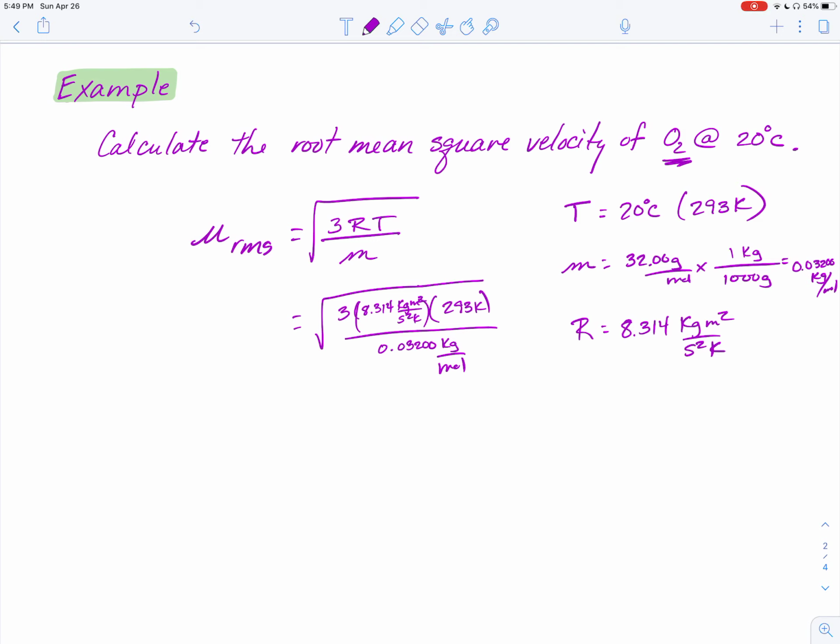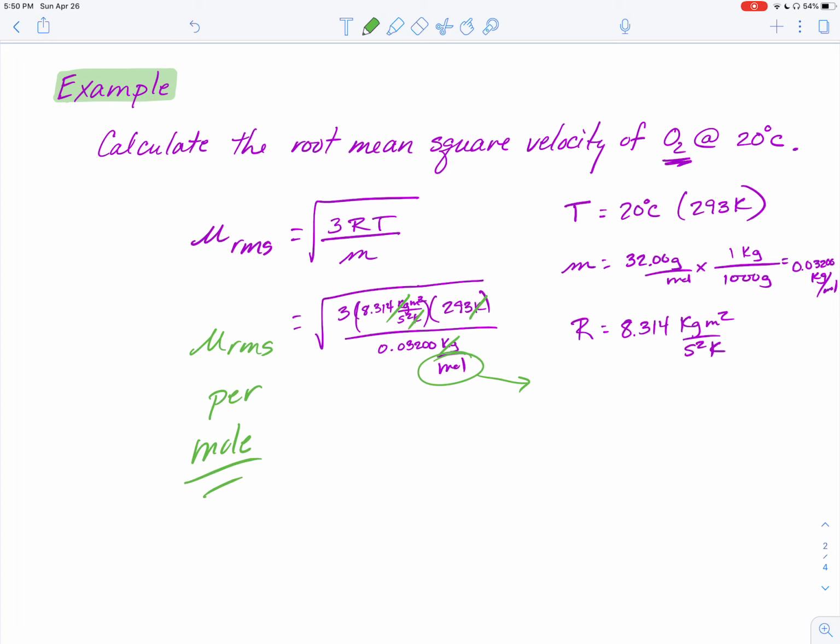And so let's go ahead and cancel out our Kelvin, and then our kilograms are going to cancel. And if you'll notice, I'm putting moles in here. Essentially, we're going to set that to the side and note that when we calculate everything, the velocity that we're going to get here is the velocity per mole of that substance that we're looking at.